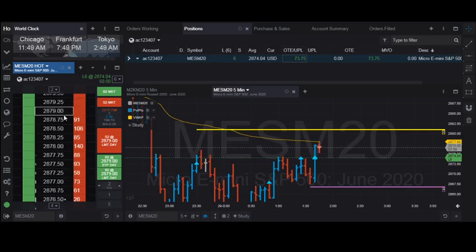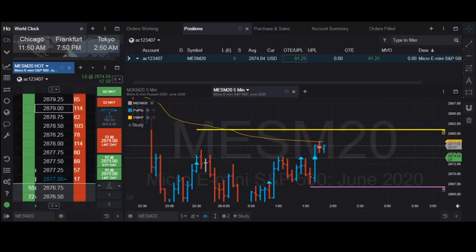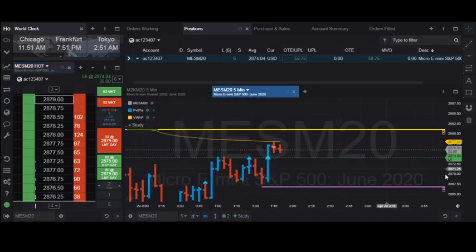So time now is 1:48 p.m. New York time. There's a drop in price. Okay, we'll pause for a while. It looks pretty much encouraging at this moment to hit the target. Alright, another red candle.